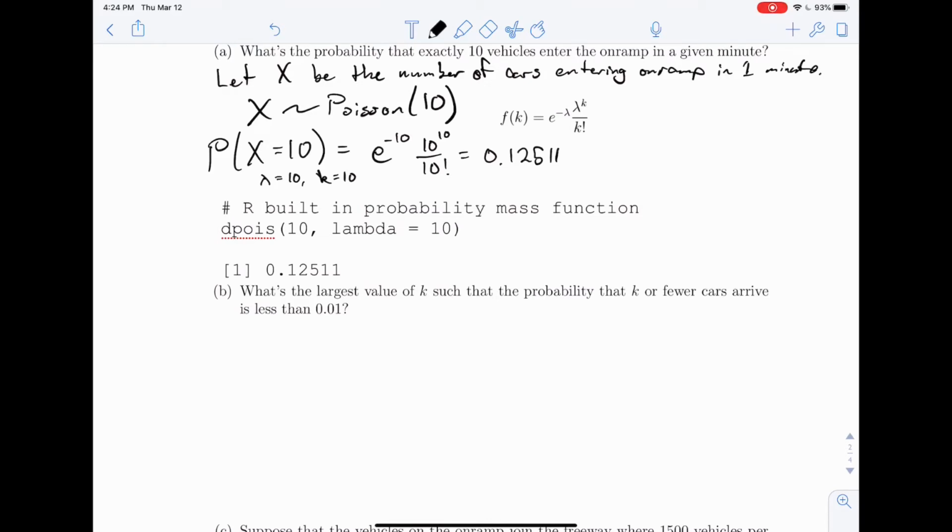And this built-in probability mass function, dpois here in R, if we're just going to use R online using this rdrr.io thing, this is the probability that x equals 10 if 10 is your lambda.